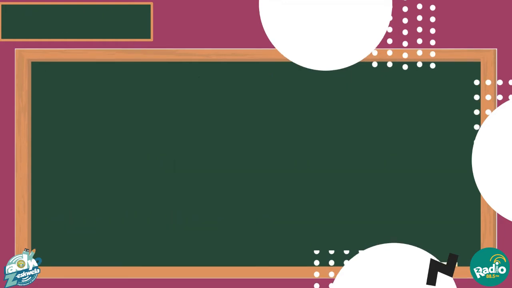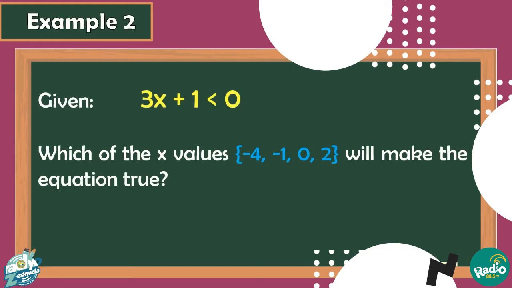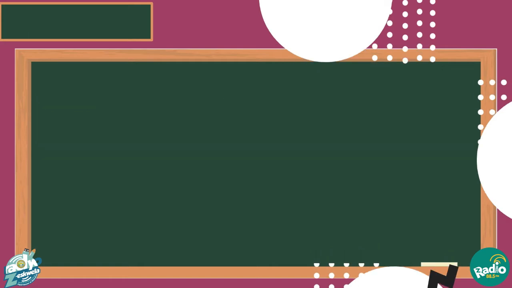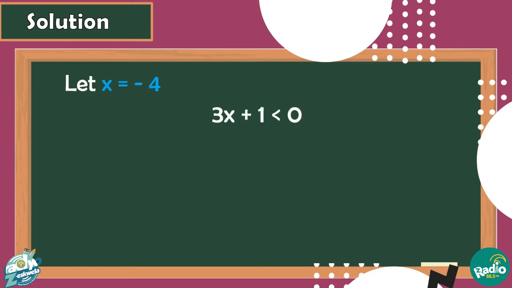Let's have another example. Given 3x + 1 < 0, which of the x values, -4, -1, 0, and 2, will make the inequality true? Let's start with x = -4. Using our given inequality, 3x + 1 < 0.